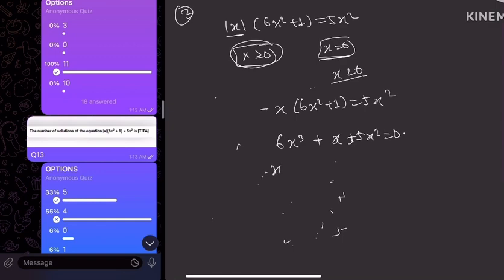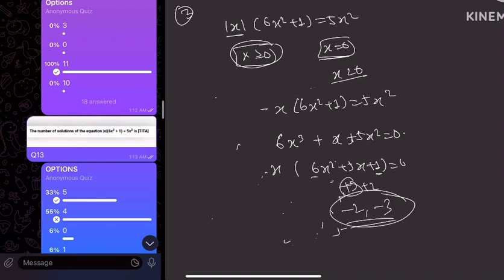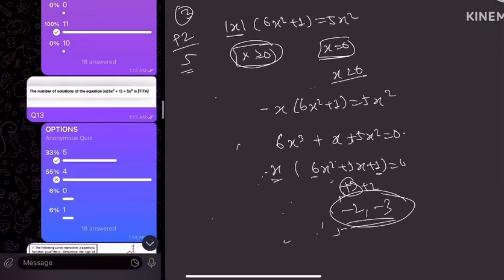Take x common, we can write it as 6x square plus 5x plus 1 equal to 0. We need the product to be 6, so plus 3 and plus 2 it will split, and we'll get minus 1/2 and minus 1/3 as the roots. So 2 roots from here. 0 we also get, but 0 we have already counted, so 2 more roots over here. So overall 3 plus 2, 5 is the answer to this question. Done.